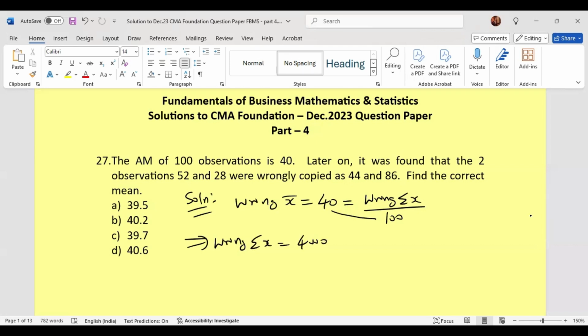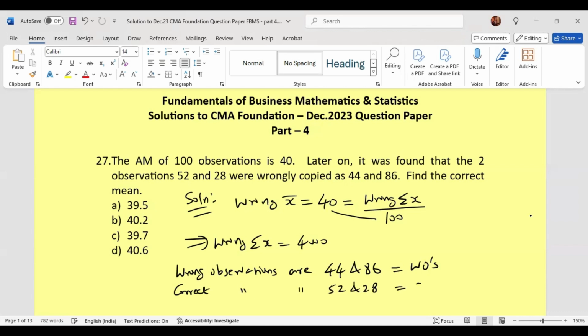Now, we may notice that they gave us wrong observations, 44 and 86. So we will call them as WOs, and correct observations are given as 52 and 28. We'll call them as COs, correct observations.